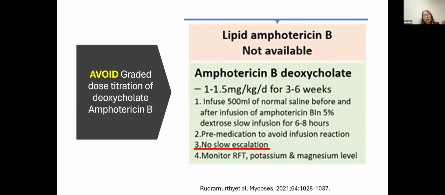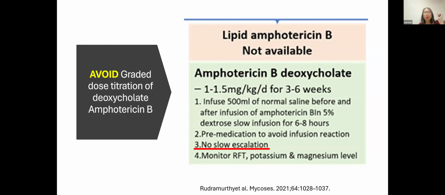So this is taken from the paper, Management of Mucormycosis in COVID-19 Co-infected Patients, the CAPA, right? If you're using amphotericin B deoxycholate, as mentioned earlier, the recommended dosing is 1 to 1.5. In order to avoid the nephrotoxicity side effect of amphotericin B, you need to infuse normal saline before the amphotericin B infusions.